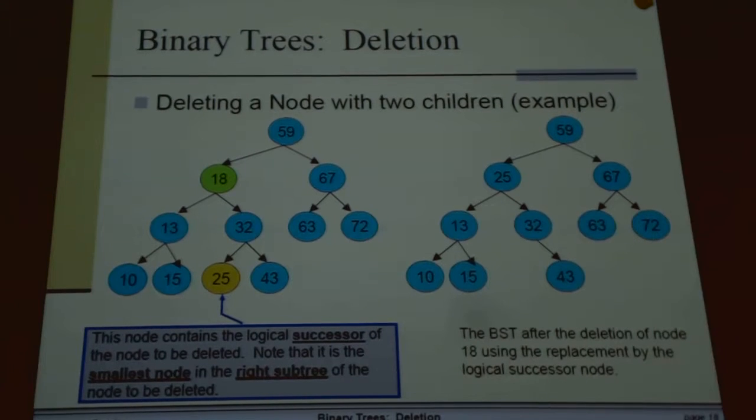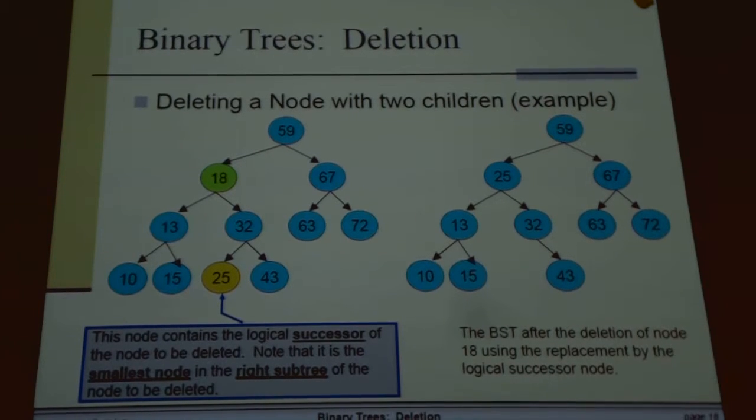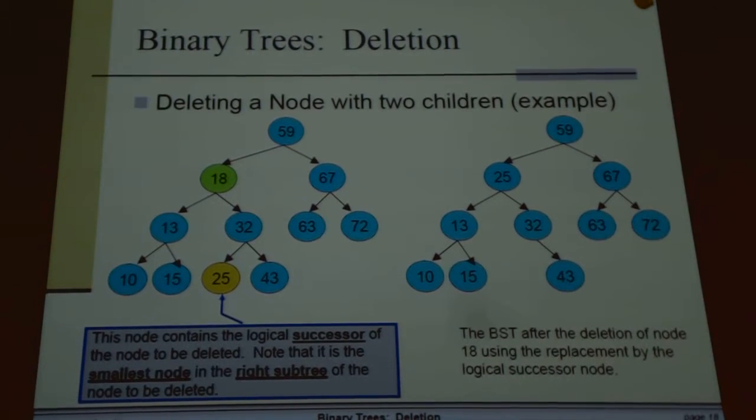So if our largest value on our left is 43, we'll still maintain our current binary search tree because 43 is greater than 18 and everything else on the left. Over here, our max value on the right is 72. Our min value on the right is 63. So with 63 up there in place of 59, it still is a valid binary search tree.